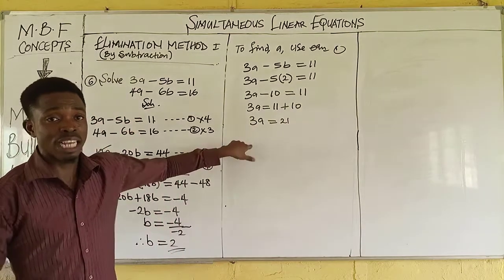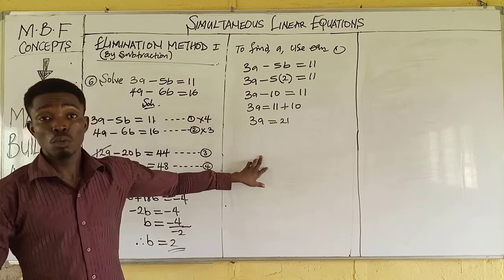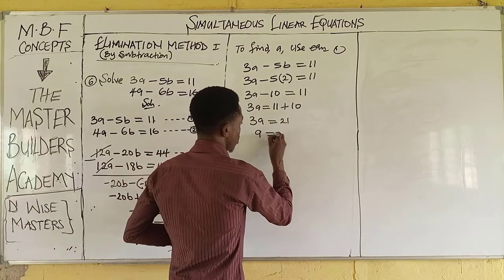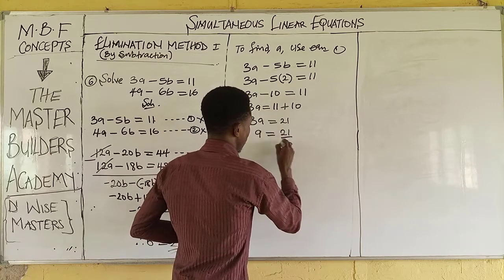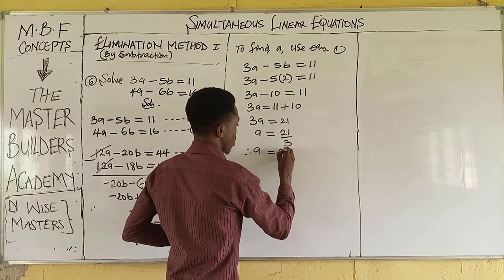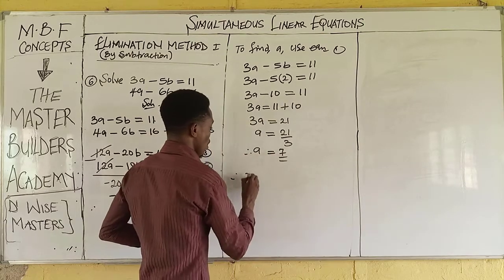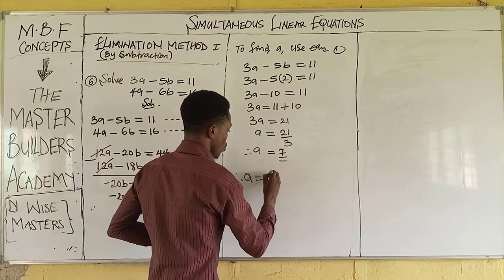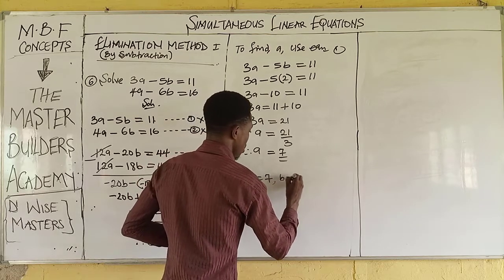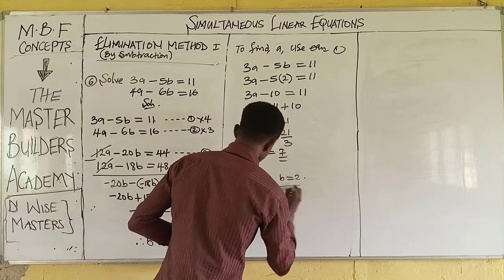We need to divide both sides by the coefficient of a, which happens to be 3. So we divide both sides by 3. Then we have a is equal to 21 divided by 3. And 21 divided by 3, guys, this will give us 7. Therefore, a is equal to 7 and b is equal to 2.